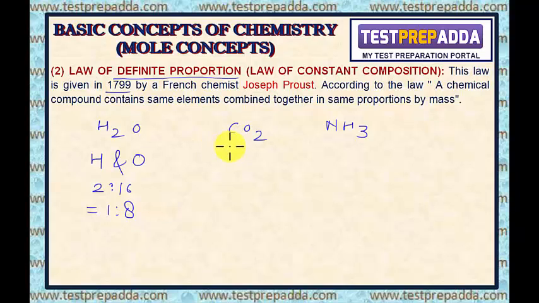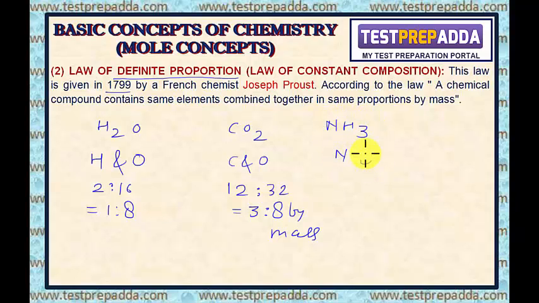My point is clear. Similarly, carbon dioxide will only contain carbon and oxygen, and the mass ratio will always be 12 is to 32, means 3 is to 8 by mass. Similarly, NH3, that is ammonia. Whenever ammonia is formed, ammonia will always contain nitrogen and hydrogen.